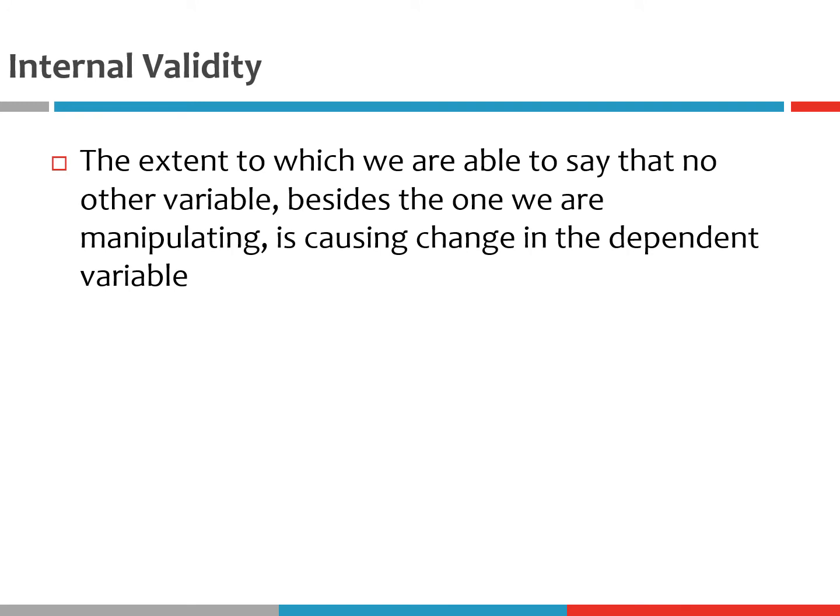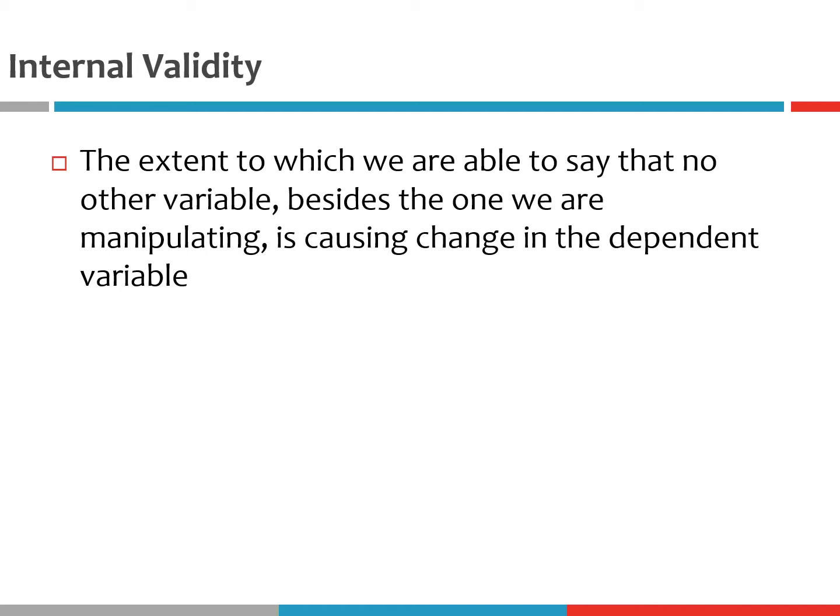So now that we've talked about how experimental studies can be shown to be reliable, let's talk about validity, right? When we talked about the validity of a test or questionnaire, there were many different types of validity that we could assess.